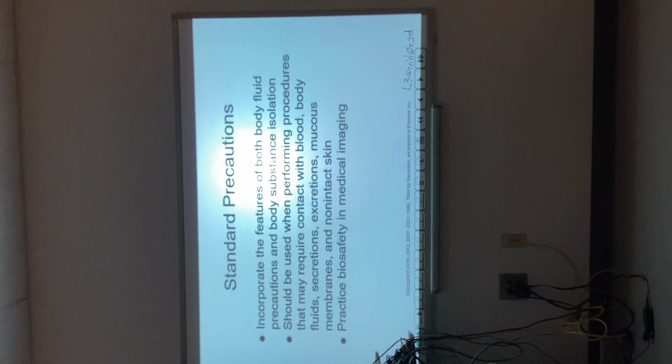When we look at standard precautions, again, that's going to be directly related to our PPE or our personal protective equipment. So you want to make sure that you are wearing or donning the appropriate equipment that is needed based on what type of patient you have, what's their disease process, and what's your interaction with that individual.